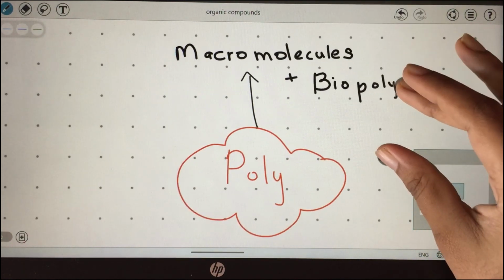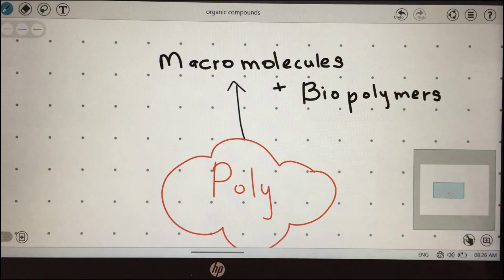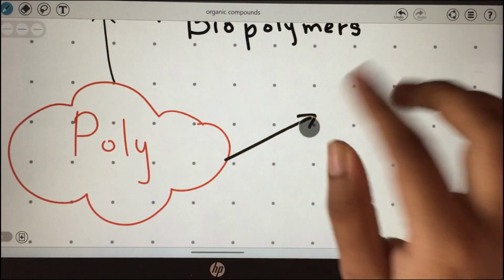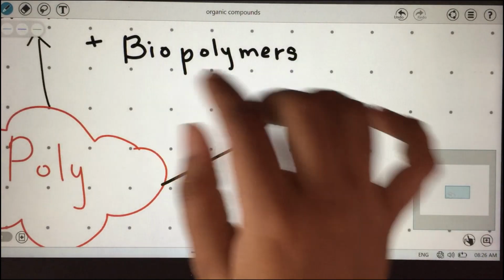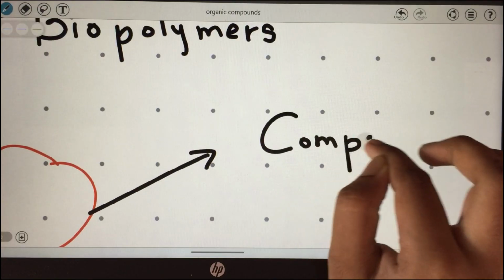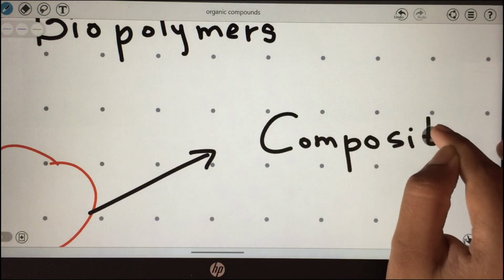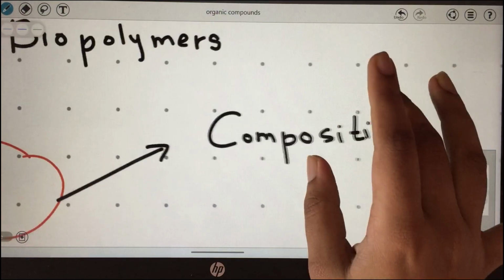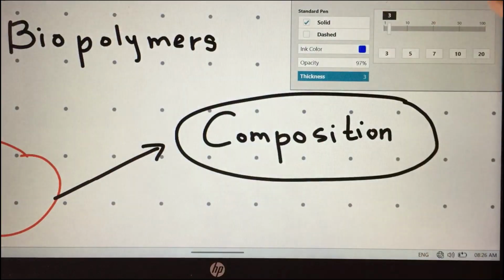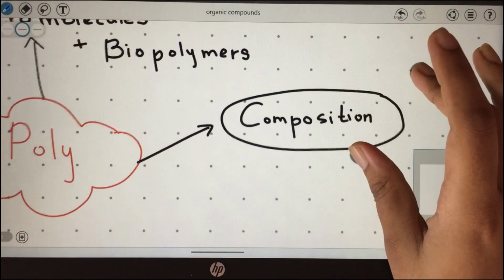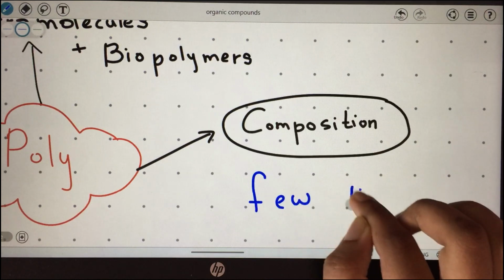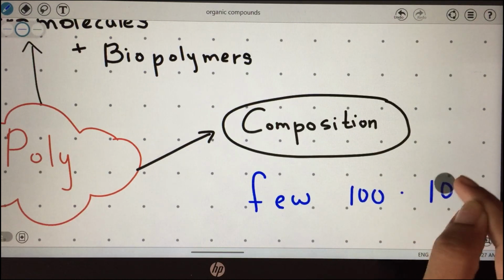After this we have another point, how are they composed? So that's what we write in the right corner, usually, under composition. You would have noticed in all our mind maps we wrote the composition in the right corner. That's like a permanent place to write about the composition. So composition, you can say they're made up of a few hundred to a few thousand monosaccharide subunits.